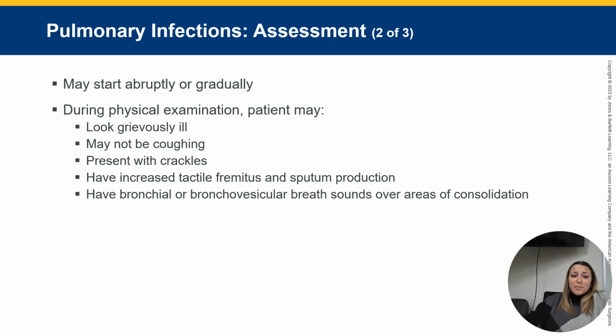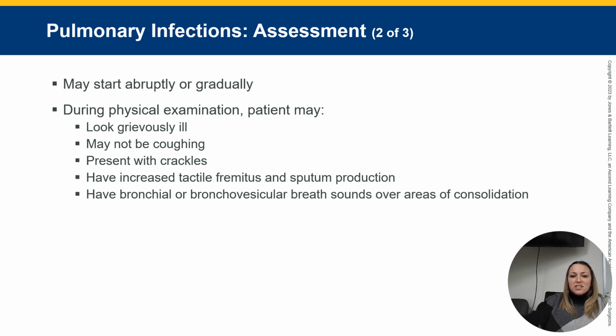They may not necessarily be coughing, but you should hear the rhonchi in their lungs. They're also going to have increased tactile fremitus, or the vibrations that you can feel in the chest. They should have excessive sputum production. And then they might have bronchial or bronchovesicular breath sounds over a certain area.